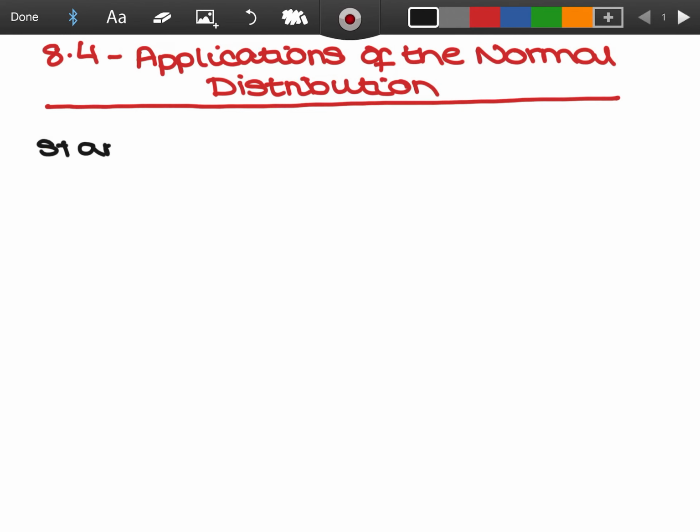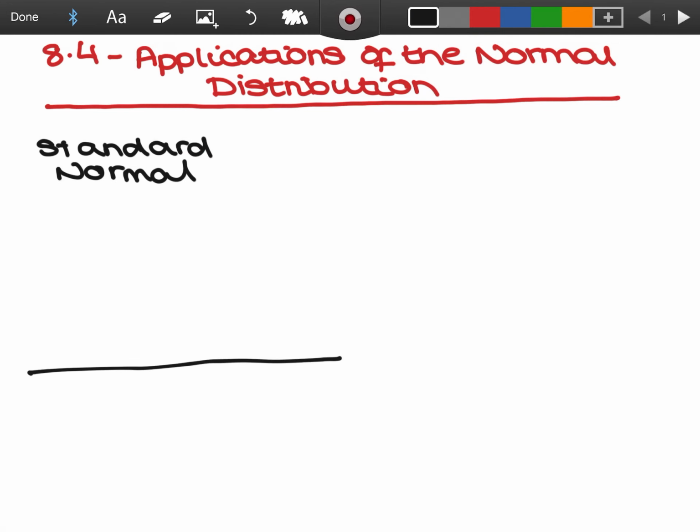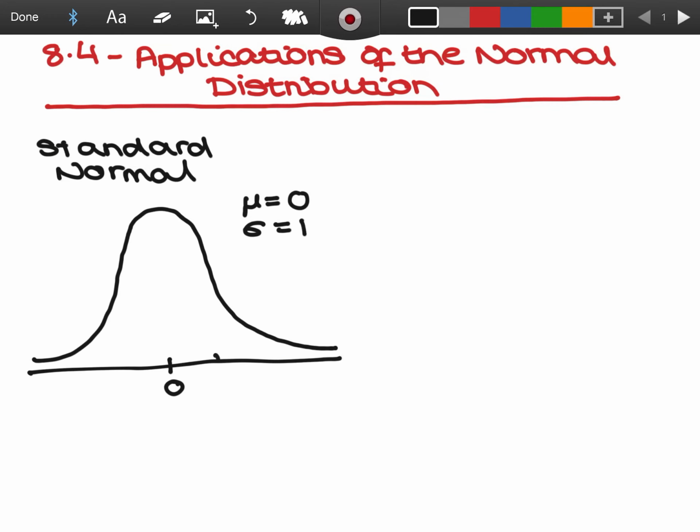So in the standard normal distribution that we saw last time, when you drew that curve of your data, it is the curve of the histogram, so you would obviously have bars underneath for the frequency of each one of these, but it follows that curve. Your mean is right down the middle, with a mean of 0 and a standard deviation of 1.